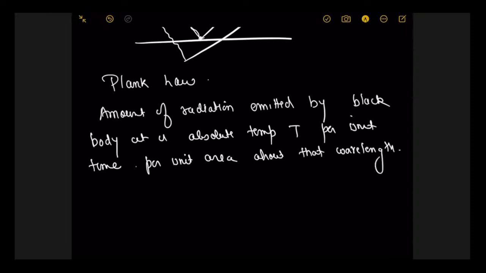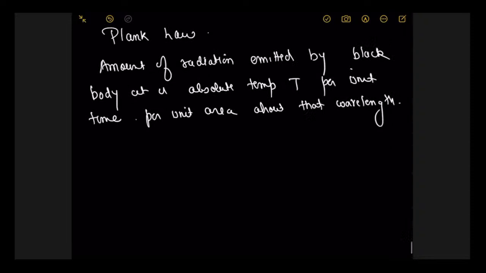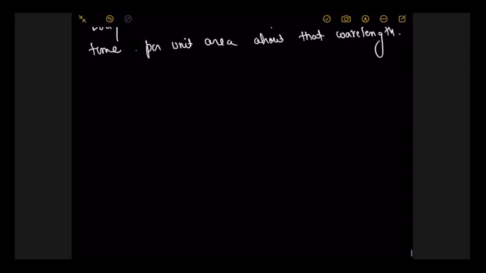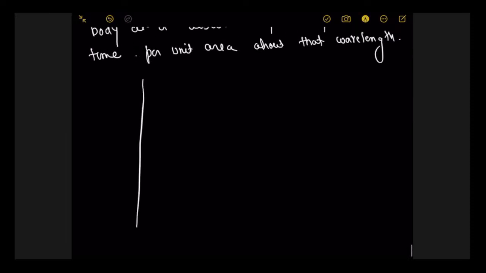What does it mean exactly? If any wavelength has a huge amount of energy, it will travel a shorter distance. So I will draw one graph. From that you will be clear.